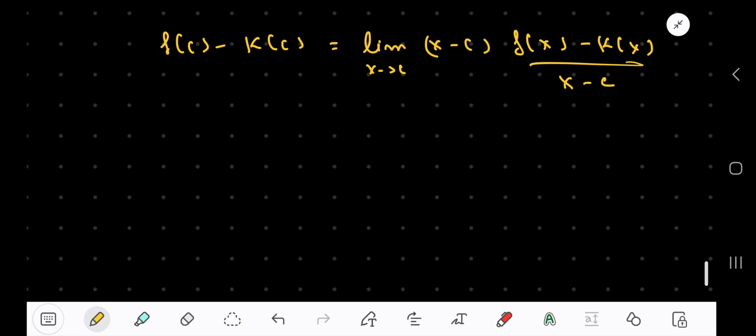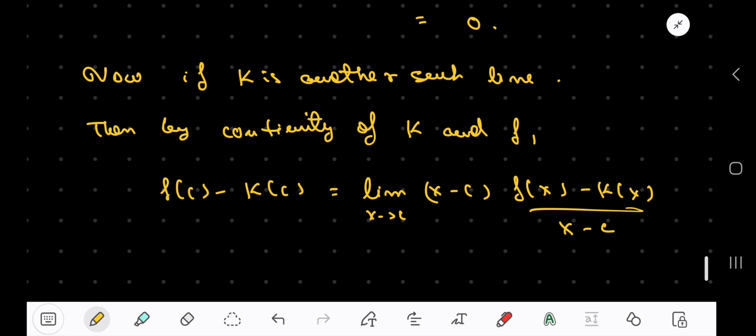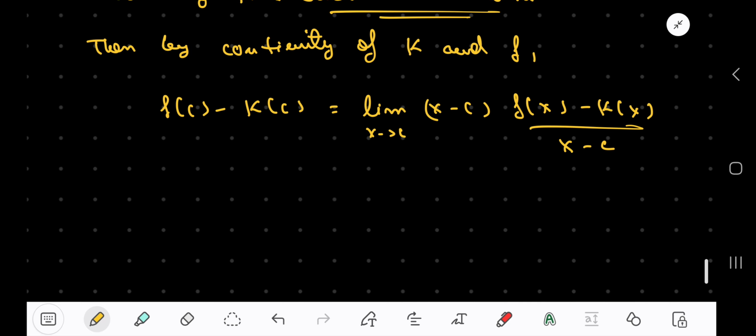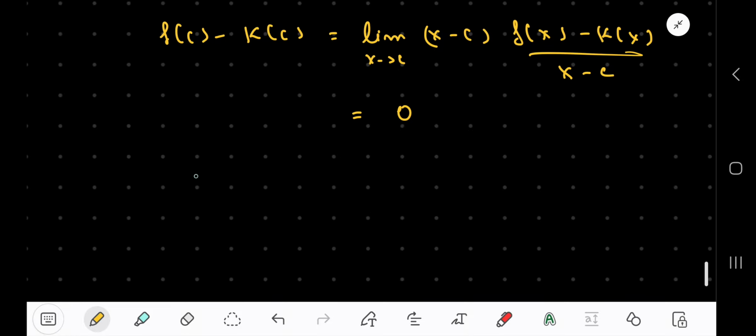This can surely be done. But we are assuming that K is another such line, so it already has the property that this quotient tends to 0. So this should be 0, or in other words, f of C must be K of C, right? So the line intersects or touches f at C, right?